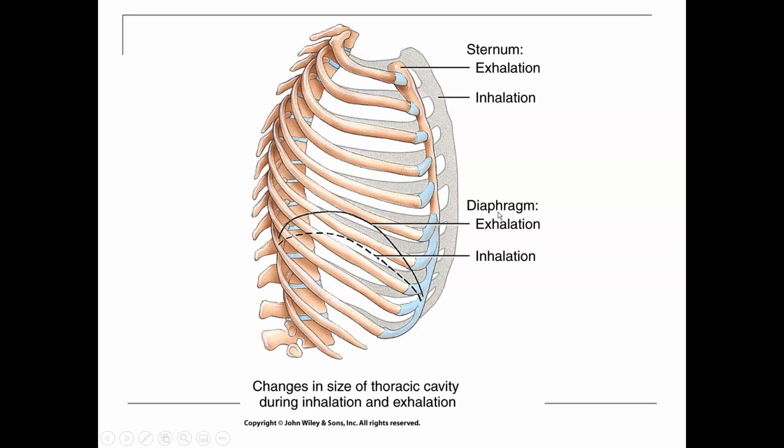That's that big muscle that stretches across your ventral body cavity, separating the thoracic cavity above from the abdominopelvic cavity below. And it's a skeletal muscle, and when it's relaxed, it's dome-shaped, like this upper solid line. It's shaped kind of like an upside-down bowl.